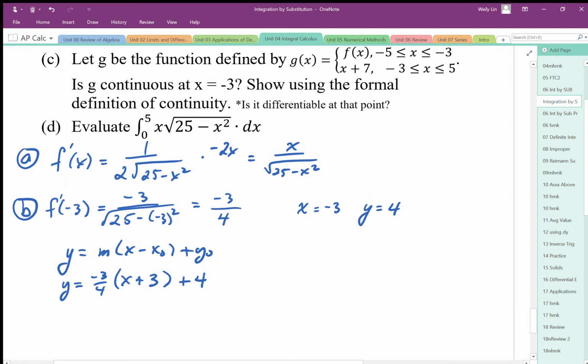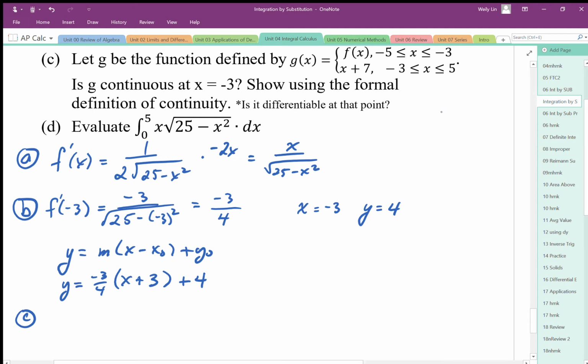For part C of this question, it says, let g be the function defined by f of x from negative 5 to negative 3, and from negative 3 on, it's going to be x plus 7. So it's going to be a semicircle function, and then a linear function.